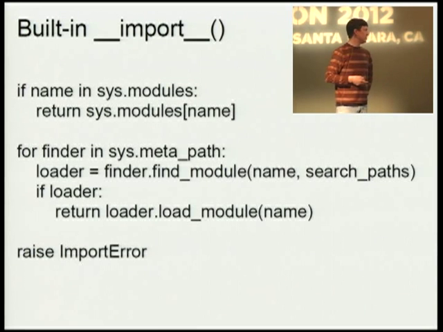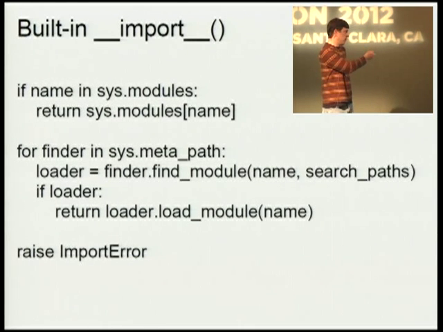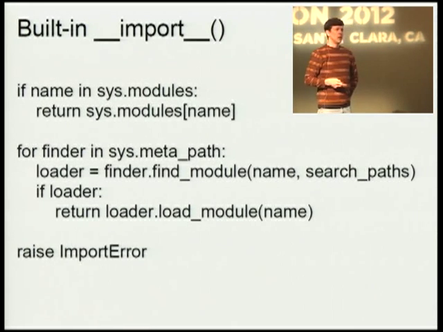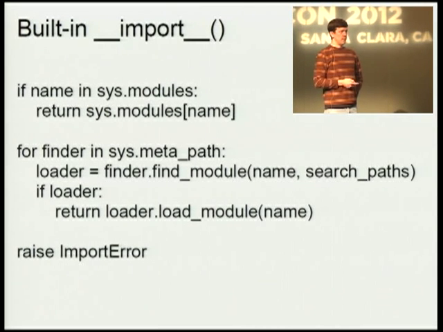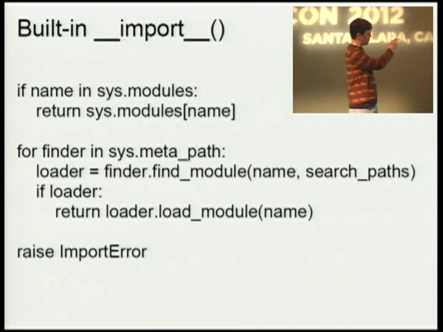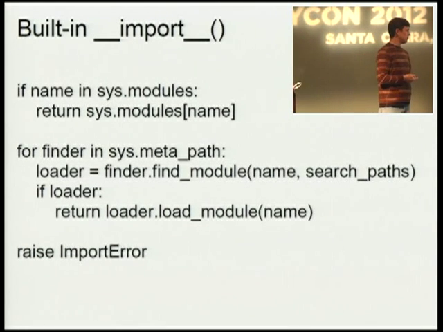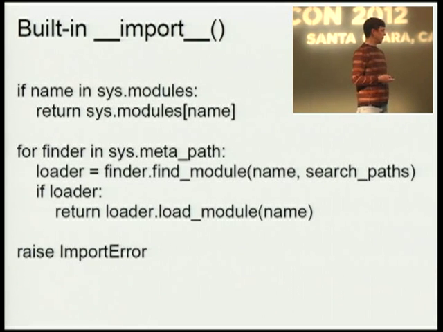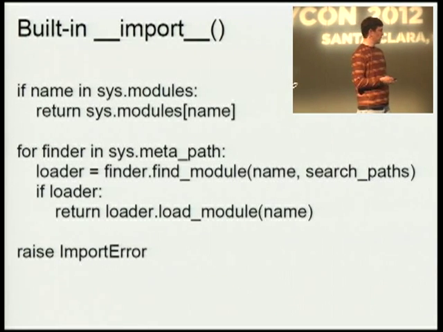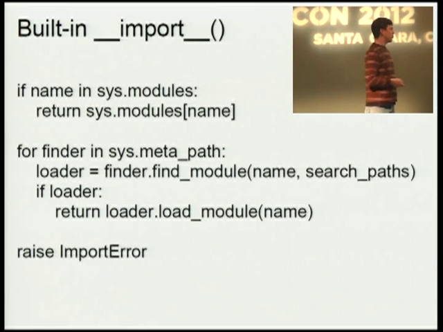And then it's going to go through sys.meta_path and try to find an object that matches, essentially, using the information that it has available. Once you get back this loader, if the loader actually is valid, it's going to use it. It's going to return the load module on the loader, and you'll end up with the module. So really pretty straightforward. There's more to it, but it's pretty straightforward.